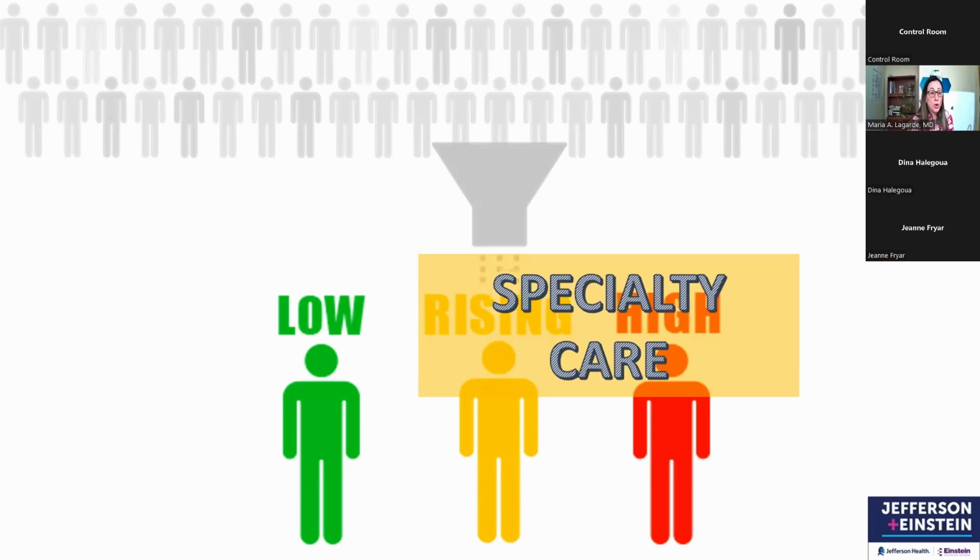So the idea is to halt or reverse, ideally reverse and get that patient back to normal, but if not, at least halt and stop the progression of disease. And so this is why we focus all of our energy in these patients who are the highest risk.